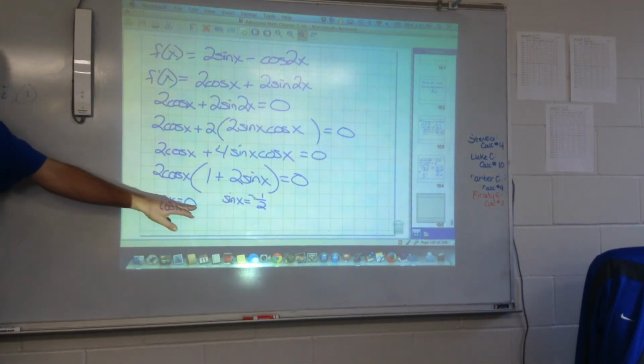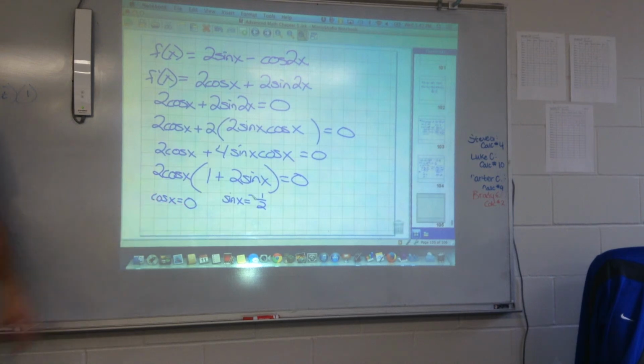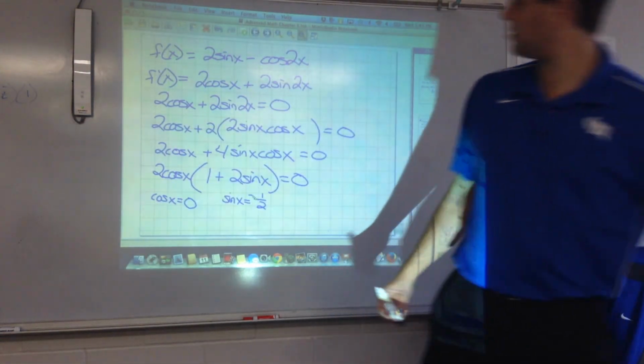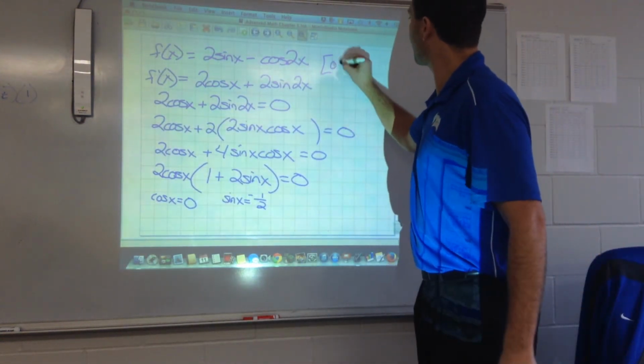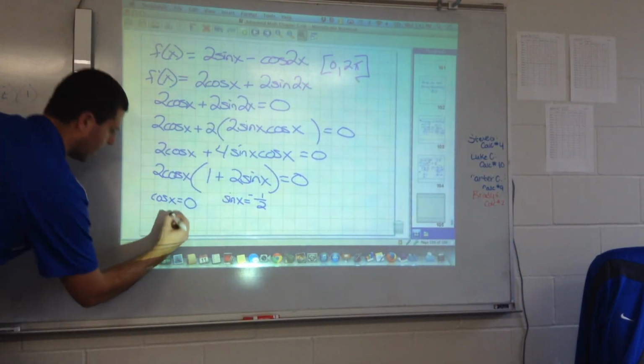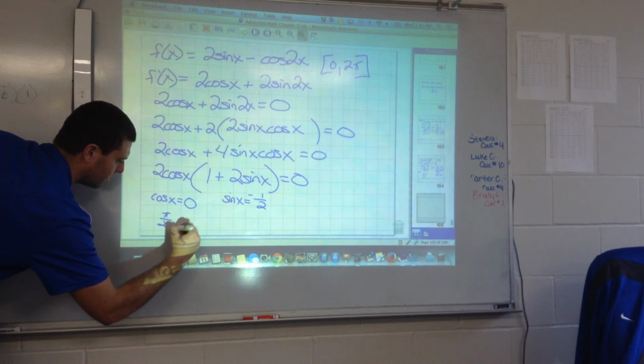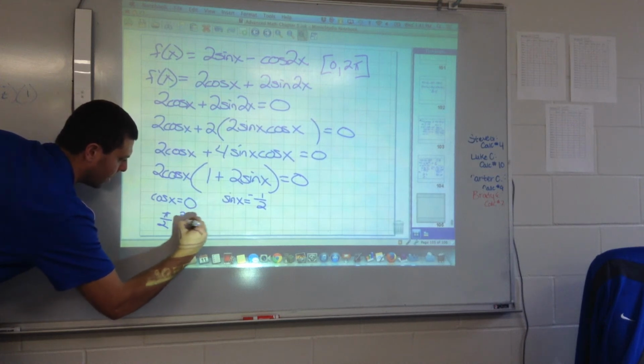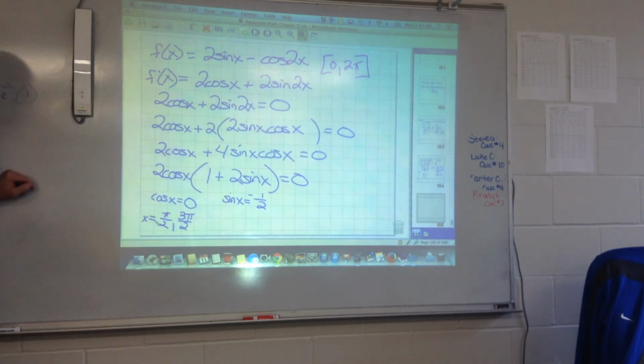When is cosine of x equal to 0? Pi over 2, 3 pi over 2. Did it give us an interval here? Yes, it did. 0 to 2 pi. So we got pi over 2 and 3 pi over 2 for these x values.